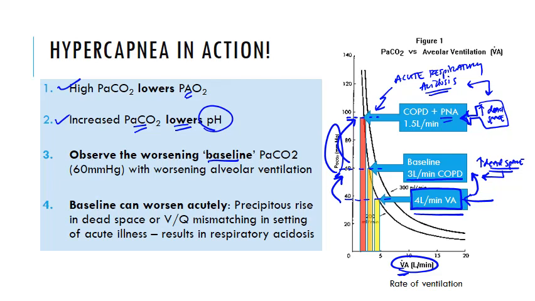So if that baseline worsens acutely, this can cause a precipitous rise in dead space or VQ mismatching in the setting of an acute illness, and as we just discussed, can result in an acute respiratory acidosis.